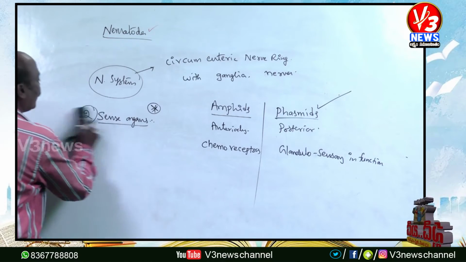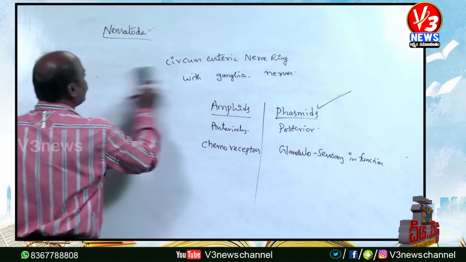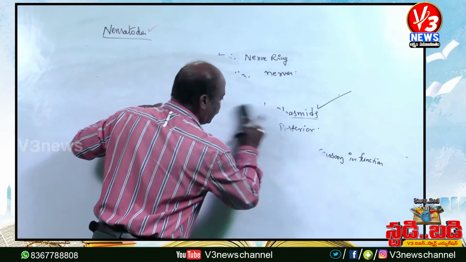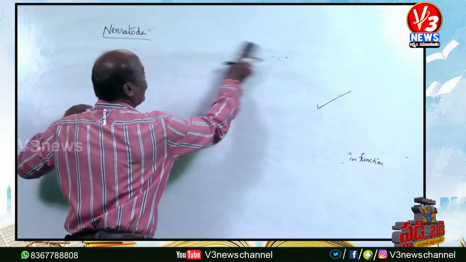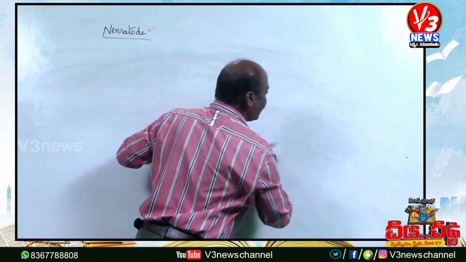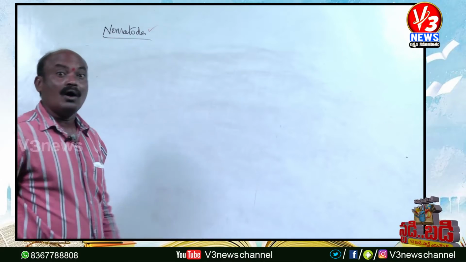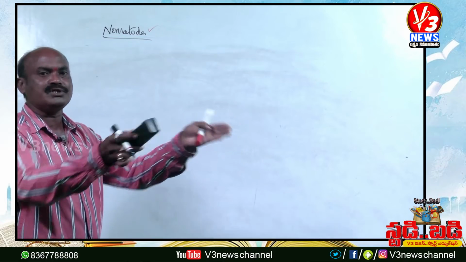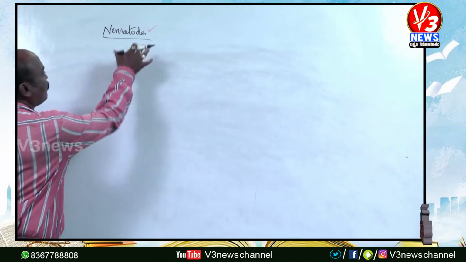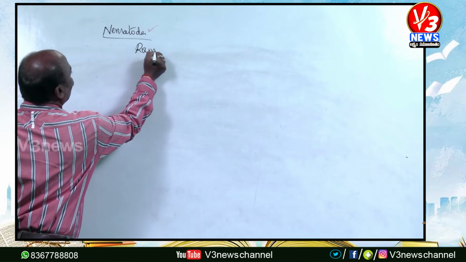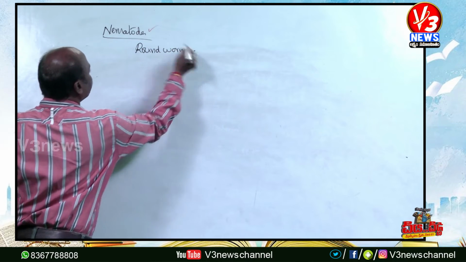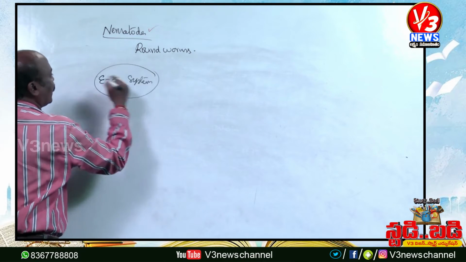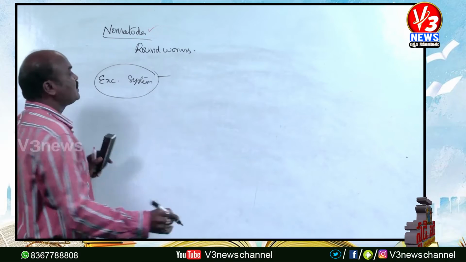And one more very important system, that is the excretory system. We discussed that in flatworms the osmoregulatory and excretory function is by flame cells. But in nematodes, that is in roundworms, excretion is by one type of specialized cells.